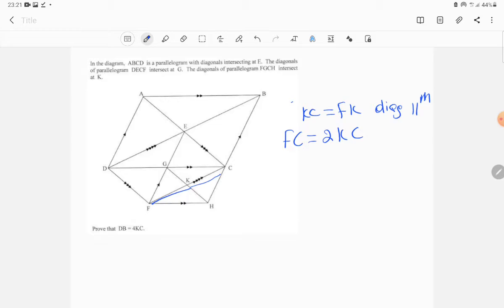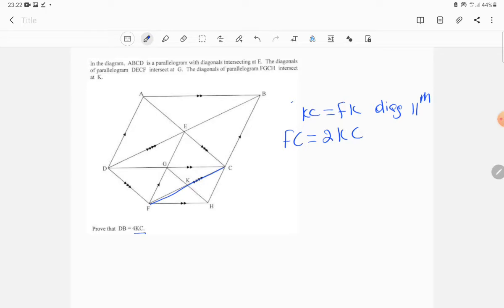This whole diagonal is the same as 2KC, because we really want to represent everything in terms of KC anyway.